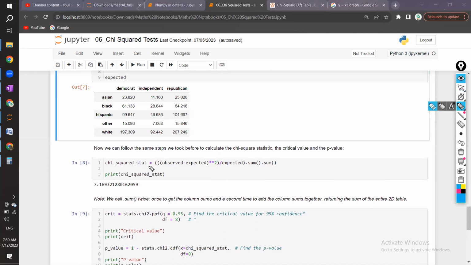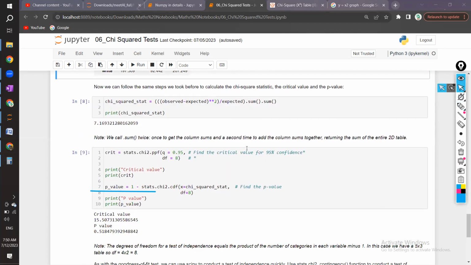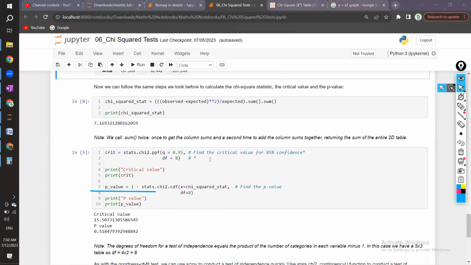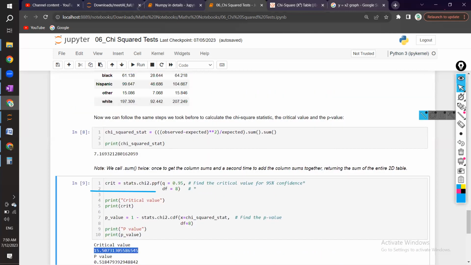So you got the chi-square statistic as 7.16, and if you calculate the critical value, what was the critical value we had? 15.5. So 15.5 is the critical value.